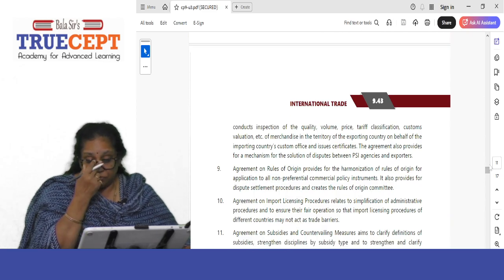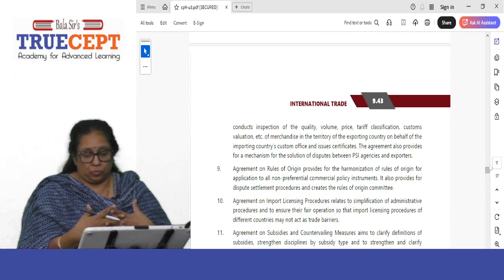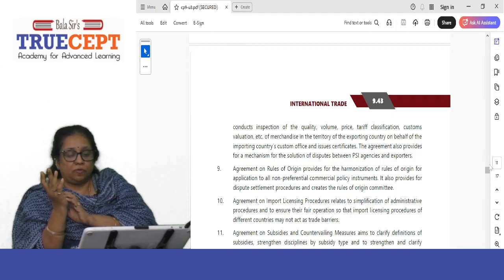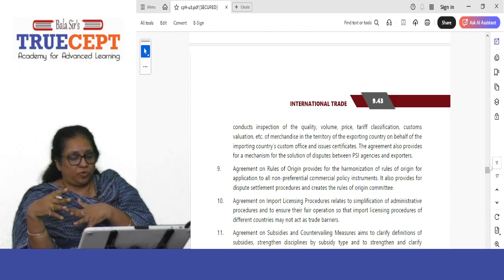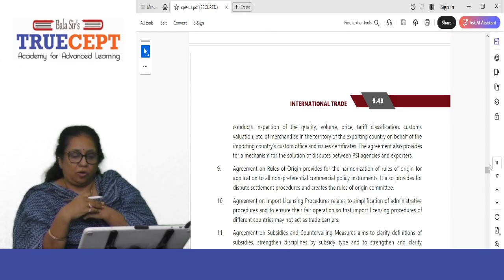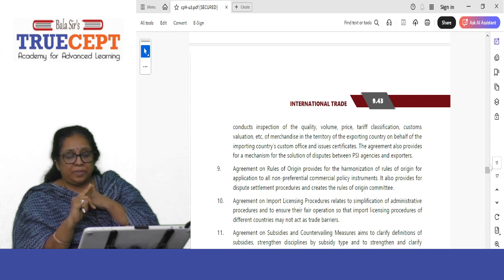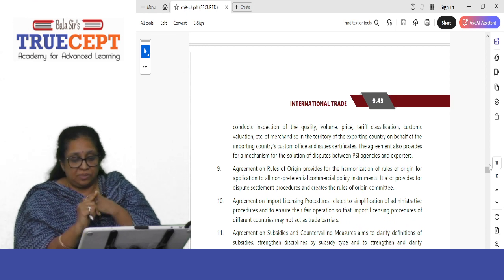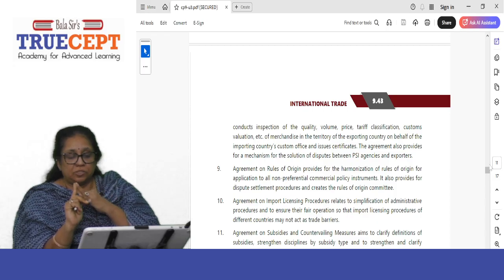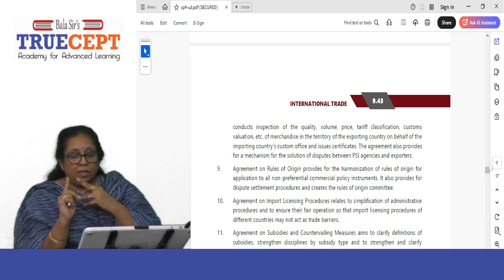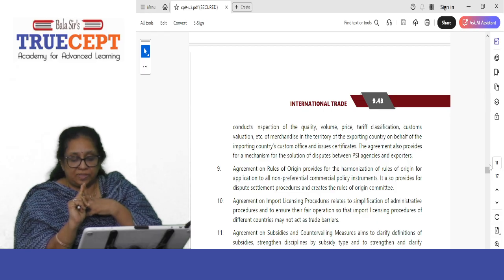And I can give you this also: the agreement on rules of origin provides, then I can give you 4 options, 3 wrong and 1 right. I can give agreement on import licensing procedures. I can say it provides or relates to harmonization of rules of origin for application of all non-preferential commercial policy instruments, simplification of administrative procedures to ensure fair operation, aims to clarify definitions of subsidies.